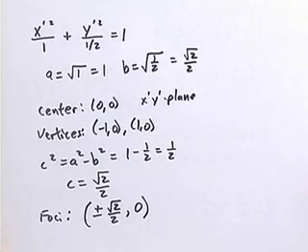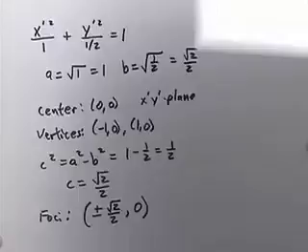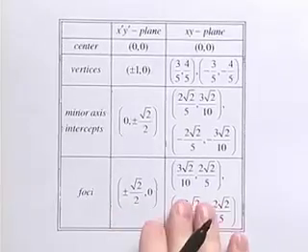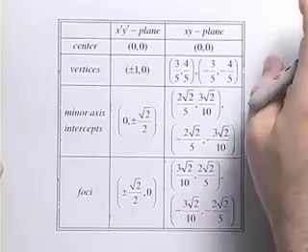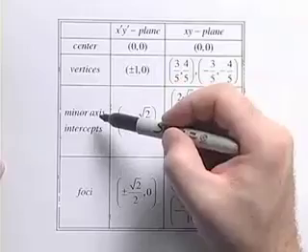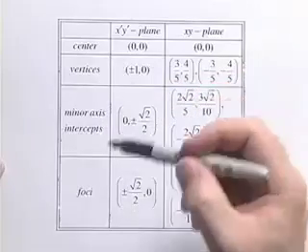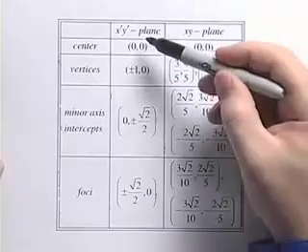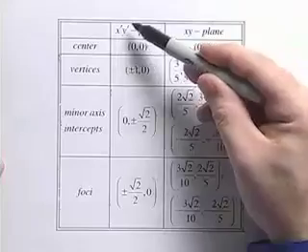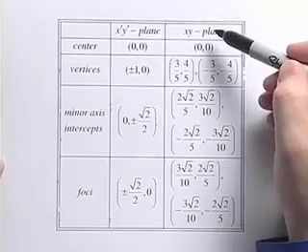We can summarize all the information that we've obtained at this point in a table. Here we have the center, vertices, minor axis intercepts, and the foci, in the x prime, y prime plane, and then the xy plane.